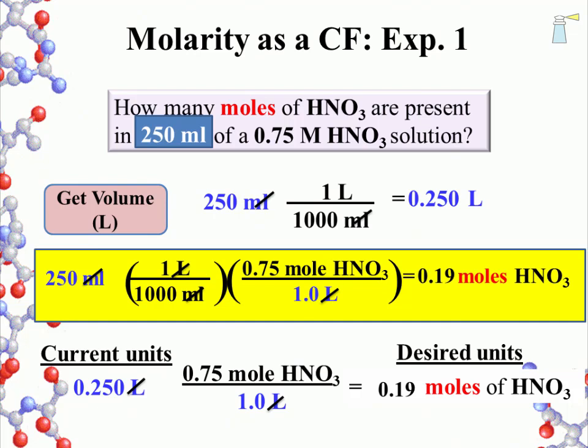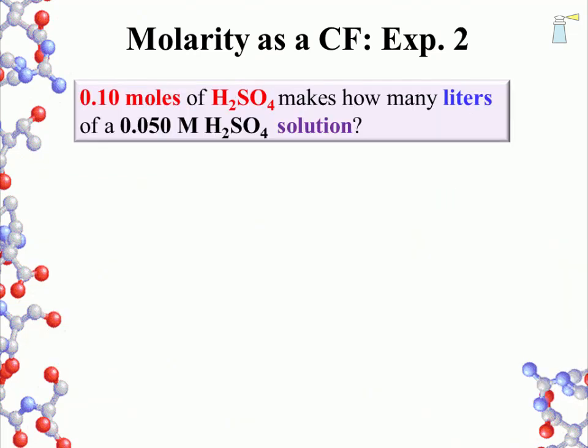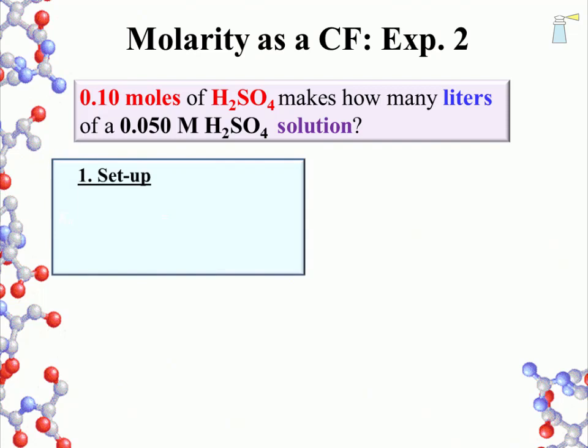A second problem is probably in order. 0.10 moles of sulfuric acid, H2SO4, makes how many liters of 0.050 molar H2SO4 solution? As with the previous problem, a setup that searches the problem for knowns and unknowns is a helpful step.